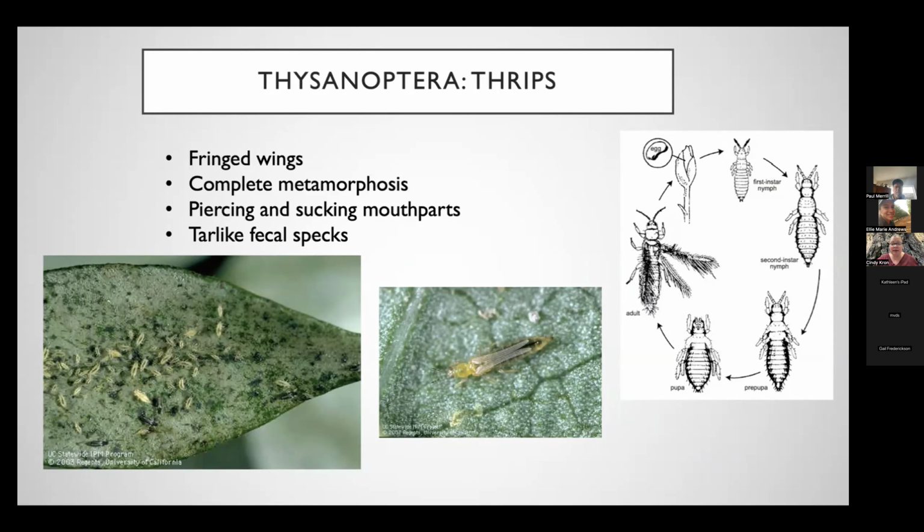So what that means is that the damage you're going to see from any plant-feeding insect with piercing, sucking mouth parts tends to be this stippling. So this leaf on the left-hand side should be all green, but it's not. What we see is a lot of white portions, these little portions of the leaf that no longer are green. What is happening is that this insect is putting its mouth part into the plant.